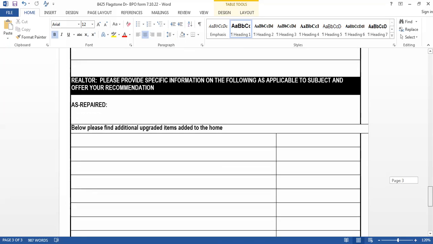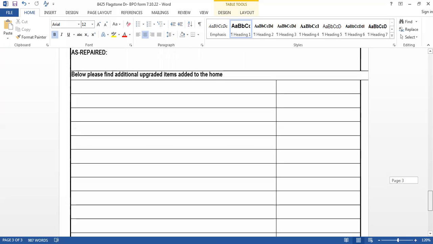Now I want to add this to it. So if you go find something and you know it needs repairs, you're going to put the repairs right here. Needs roof, 20 grand. Needs updated flooring, and you want to generally do about $1.50 a square foot for flooring. Needs new kitchen. You just put all that right here.